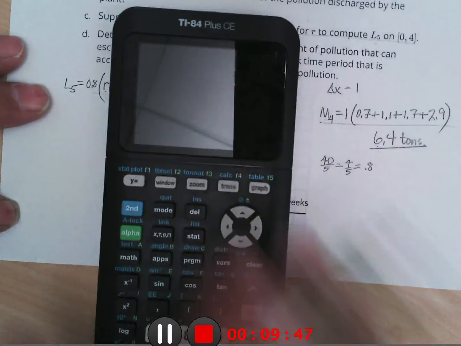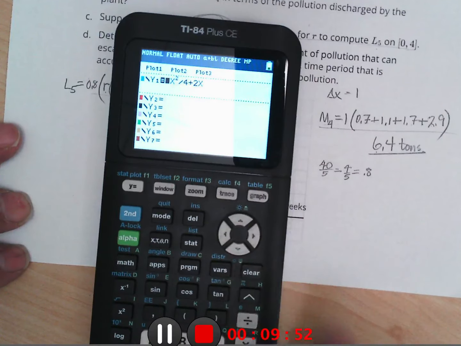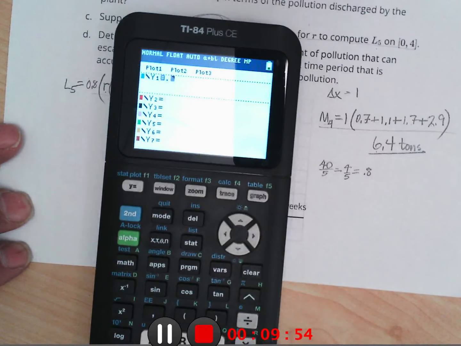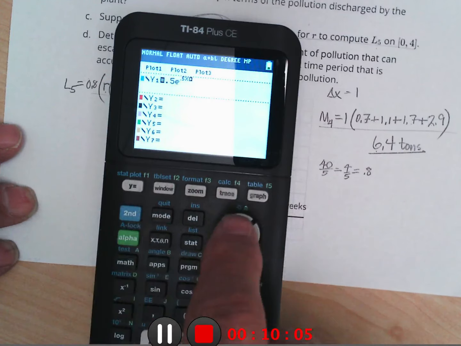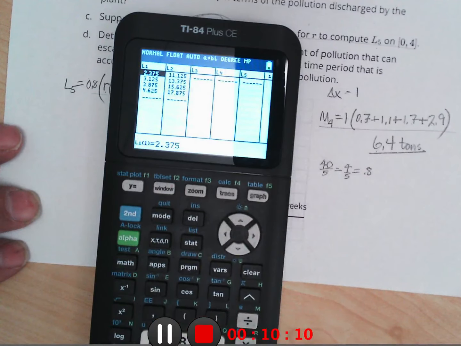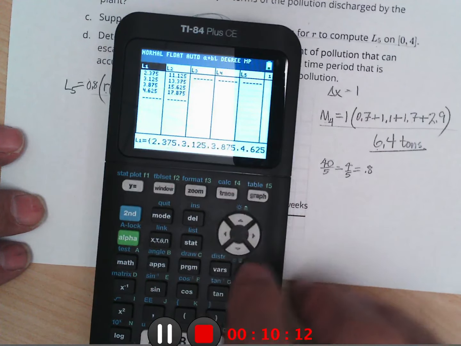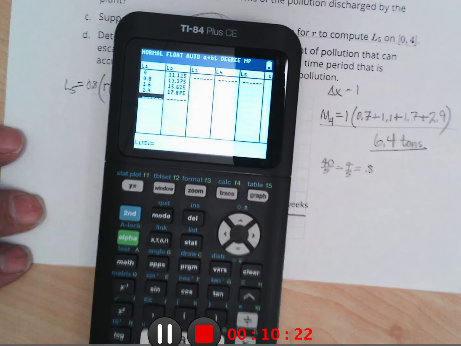A little more practice here for us. I'm going to go to here, type in the equation, clear that one, 0.5 e to the 0.5x. There's the equation. I'm going to go now to stat, edit. I'm going to put where I want to evaluate at, clear this list, come down and put in 0, 0.8, 1.6, 2.4, and 3.2.